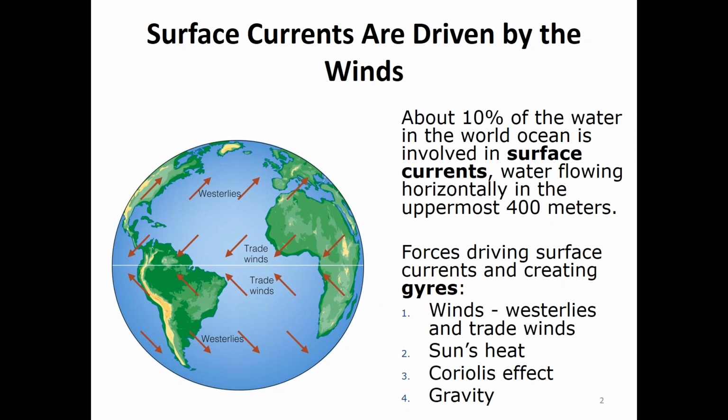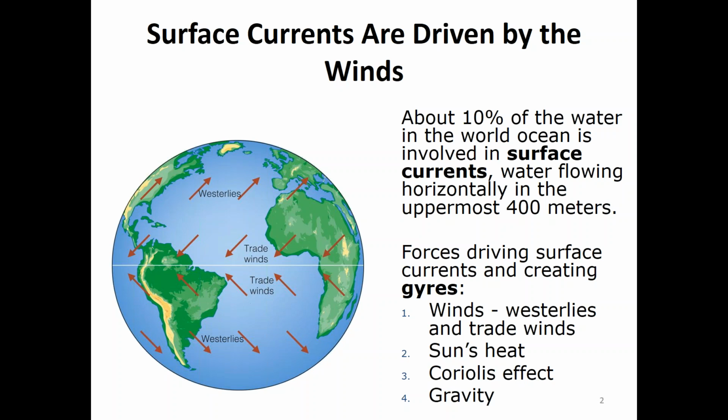And so the forces driving surface currents and creating what are known as gyres, and we'll talk about a gyre in a little bit, are mainly the winds, which involve the westerly winds, the surface winds at mid-latitude, and the trade winds, the surface winds at low latitude. Once again, low latitudes are those near the equator, high latitudes are those up here and down there near the poles.